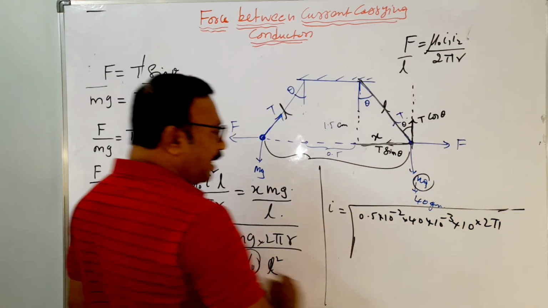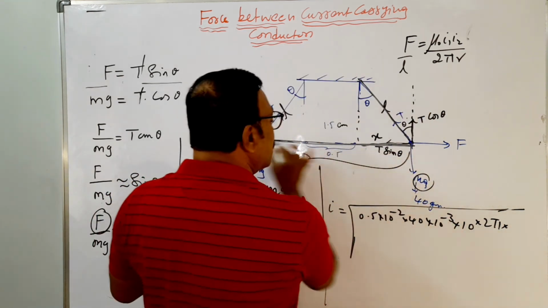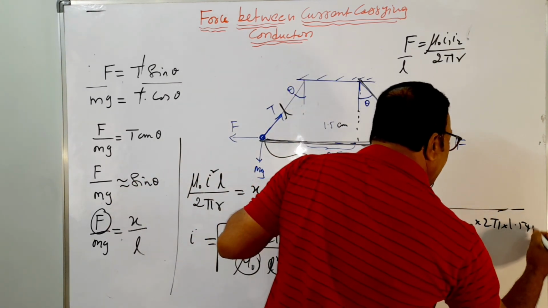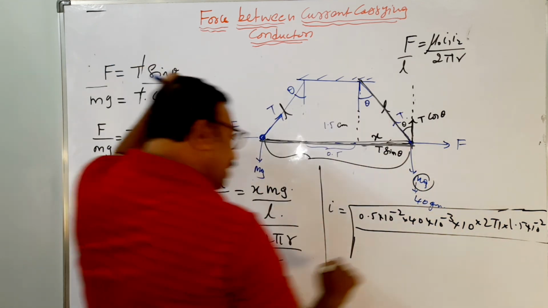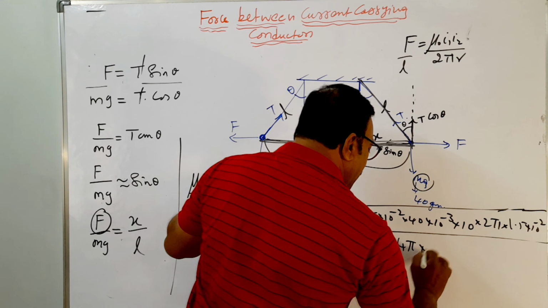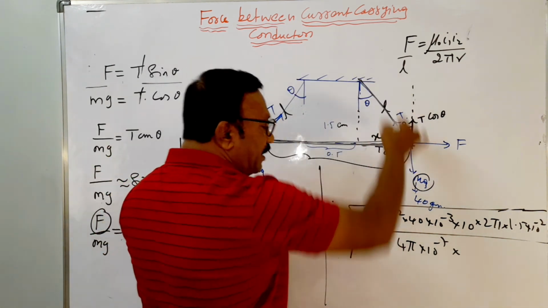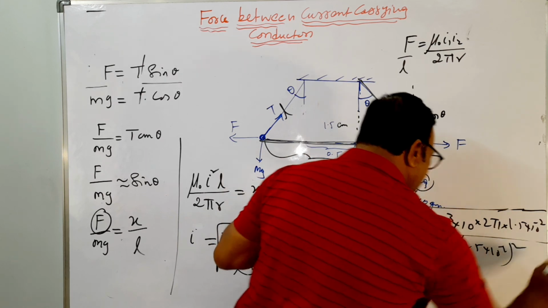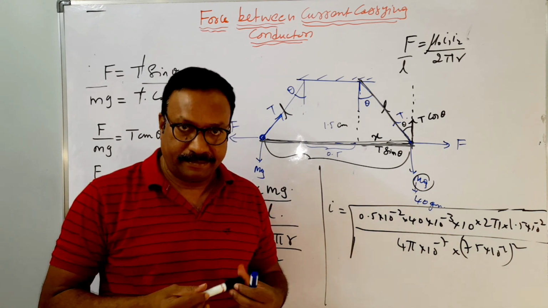R is nothing but this distance, the distance between the wires. How much is that? 1.5 into 10 to the power of minus 2 meters. Divided by mu naught value, 4 pi into 10 to the power of minus 7, into L square. Length is 75 centimeters, I told. So that is 75 into 10 to the power of minus 2 whole square. Simplify this. You will get 14 amps.